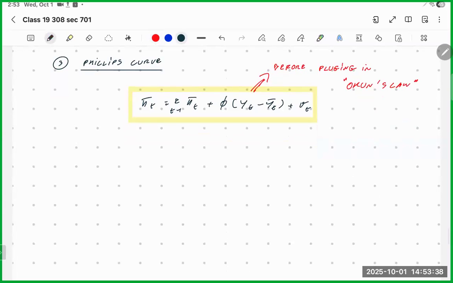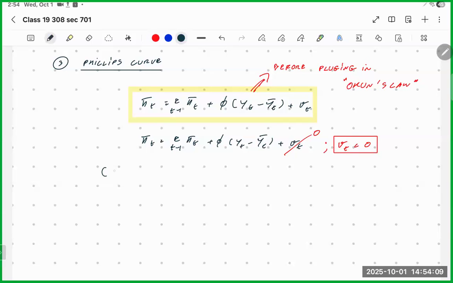Then from the main equation, pi t equal to expected t minus 1 pi t plus phi bracket yt minus yt bar plus Vt. I assume that if we don't have supply shock, Vt equal to 0. So Vt is going to disappear. I rearrange the equation.